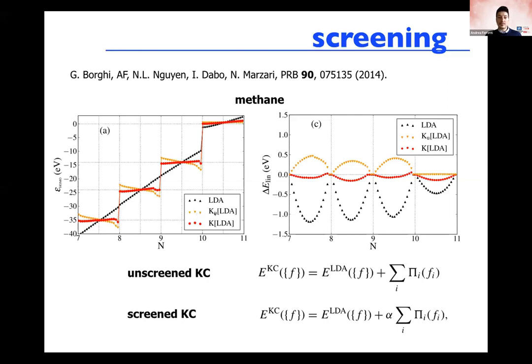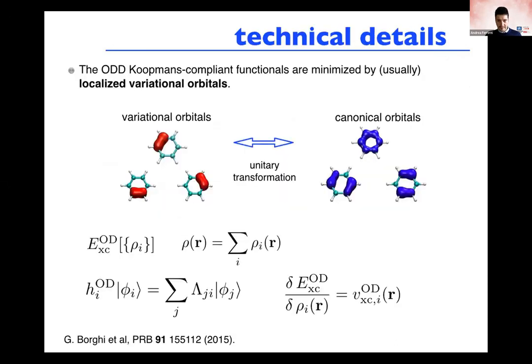KU is basically the unscreened or frozen orbital approximation that tends to overcorrect a bit, and K is Koopmans also including screening, and you see that basically we build some nice steps.